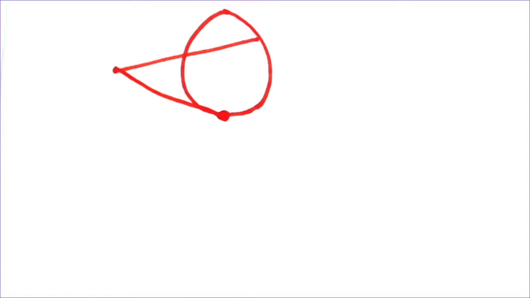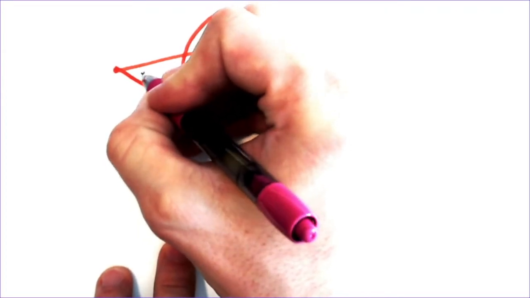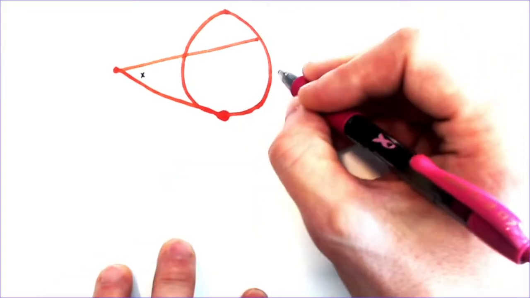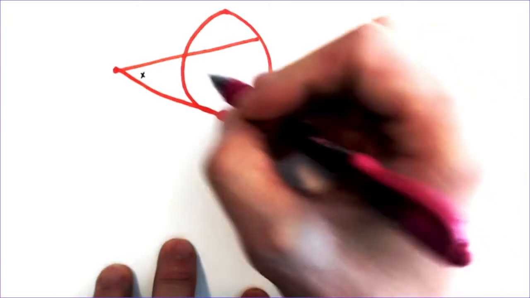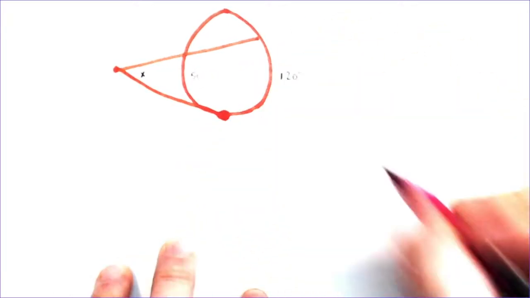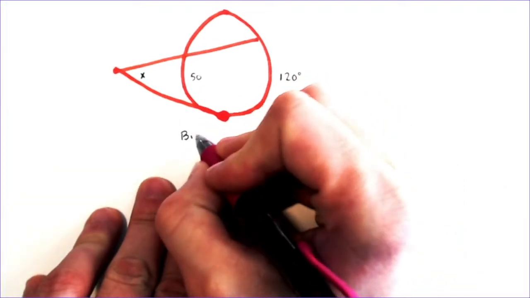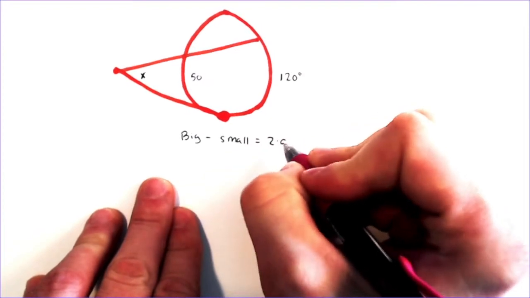And when you have a problem like this, if you are looking for the angle, then it will be the same as if we had two intersecting secants. So it's still going to be this big arc right here. Let's say that's 120. And let's say that's 50. So if we have those two things, it is still going to be the big arc minus the small arc is equal to 2 times the angle.